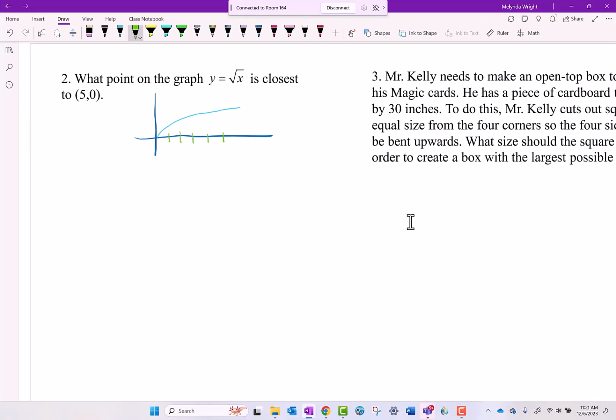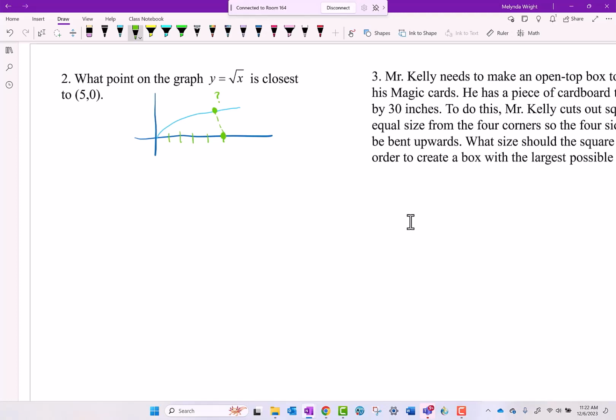So (5, 0), we're looking at this point right here. We want to know what point is closest. Maybe a point somewhere around here would be closest. We don't know; that's what we're looking for. We're looking for the point that would be closest to (5, 0).